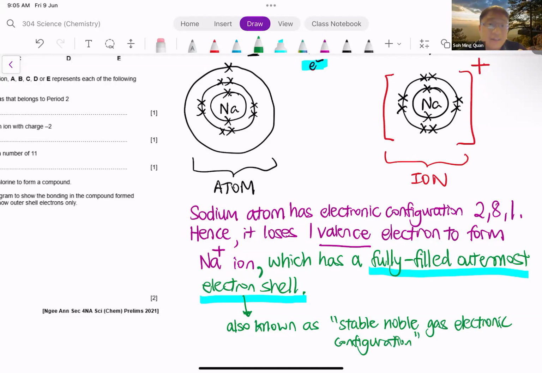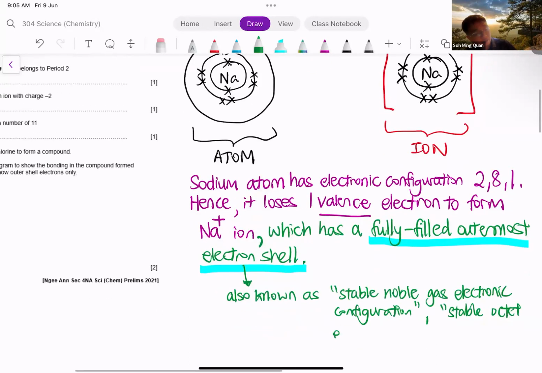Because it has 8 electrons in the outermost shell, therefore it's a fully filled outermost shell. Besides this, it can also be called a stable octet electronic configuration. Octet because it has 8 electrons, which makes the outer electron shell fully filled.